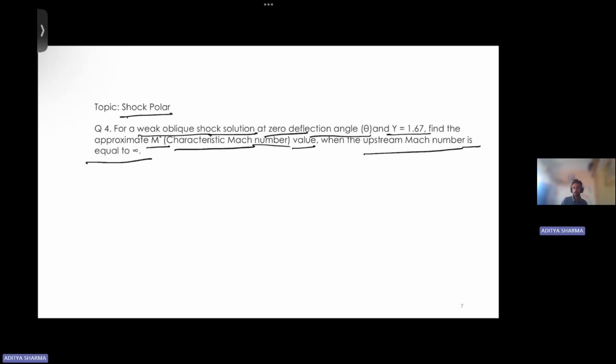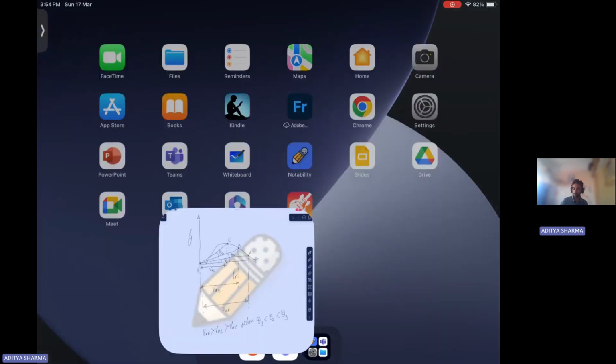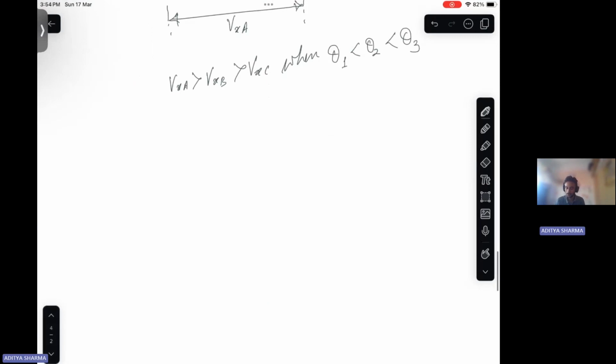In that case, what is the M star value for our weak oblique shock solution? For this question, we have one formula that we should know. Only then will we be able to solve this question.